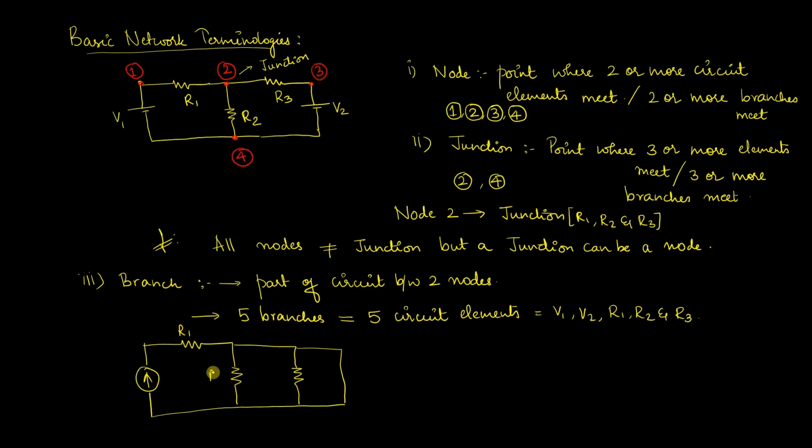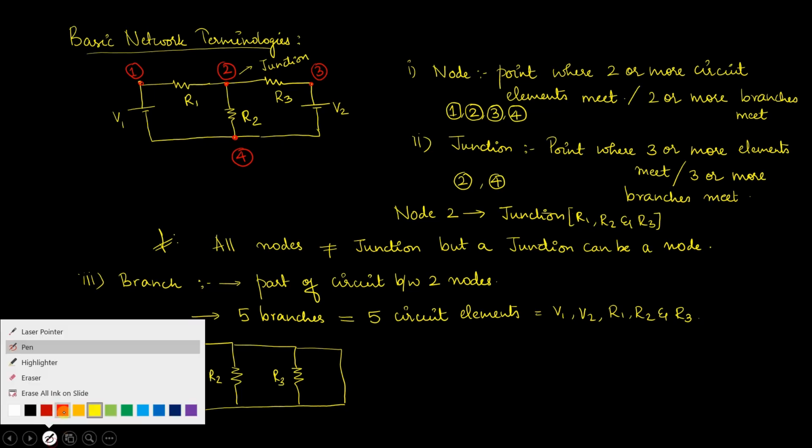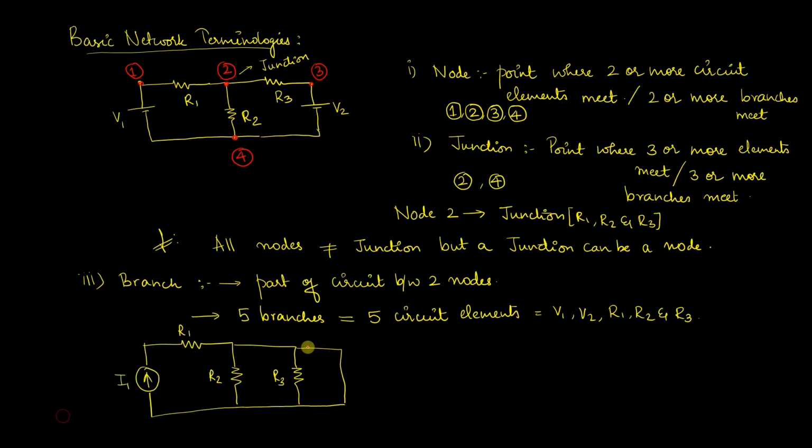Let me name these resistances as R1, R2, R3 and the current source I1. If you see here, wherever a circuit element is present, that would be a branch. So I1, R1, R2 and R3 are branches.